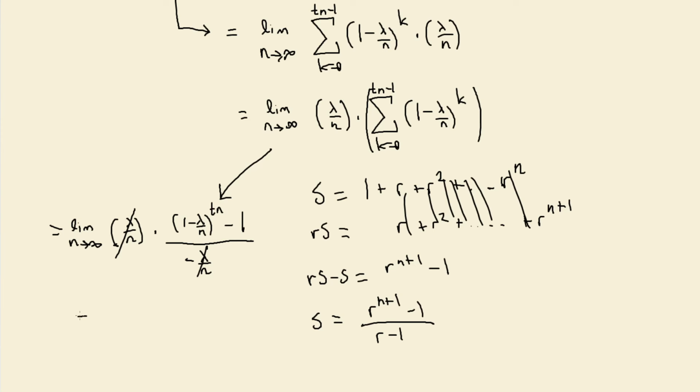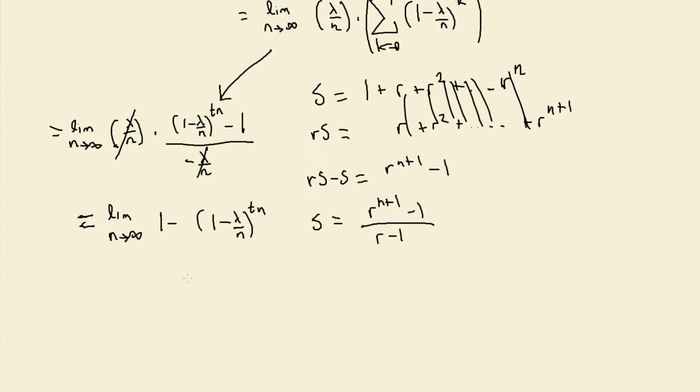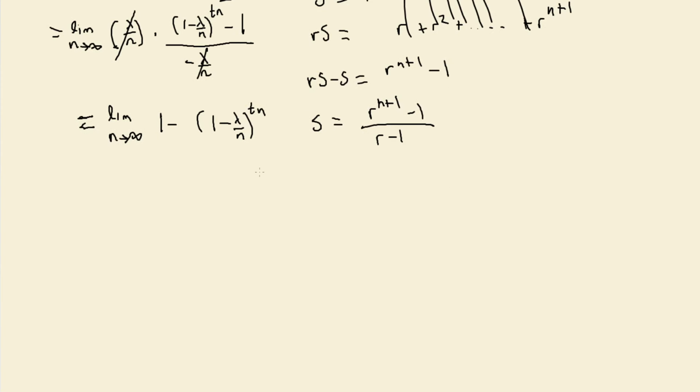And then this is going to quite neatly reduce down to the limit as n goes to infinity of 1 minus lambda over n to the tnth power. And from here, it really is just basic algebra. The limit of a constant is just equal to 1. And then we have minus the limit of this expression here, which I'm going to write in a slightly different way.